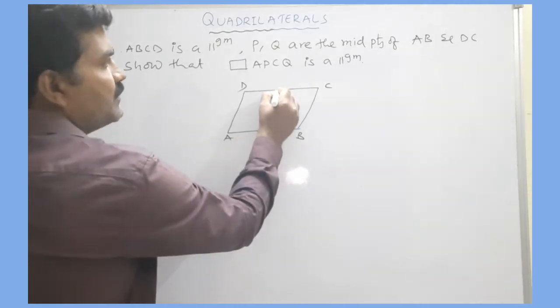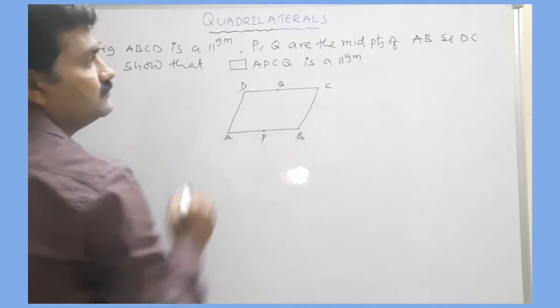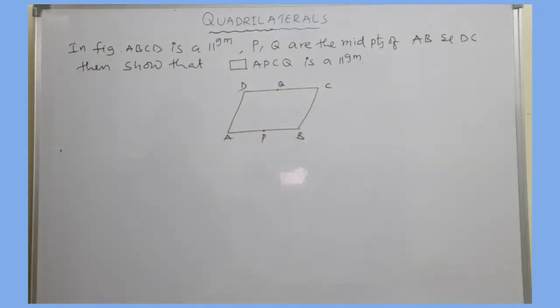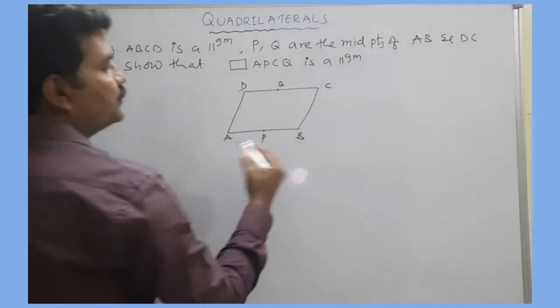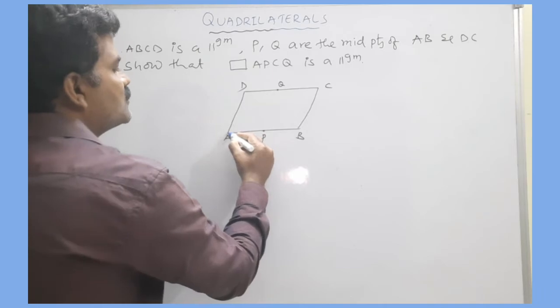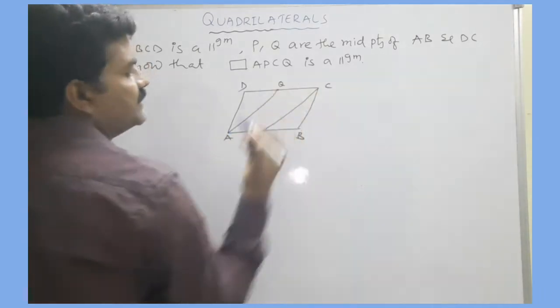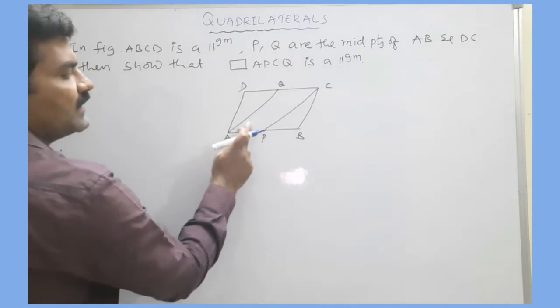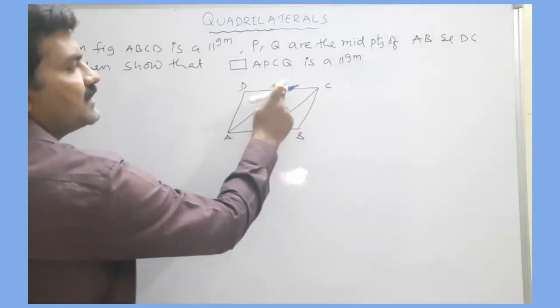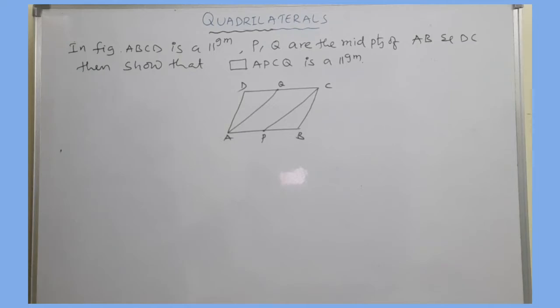And Q is the midpoint of DC. Then show that quadrilateral APCQ, so join AQ, then join PC. Now this quadrilateral APCQ is a parallelogram. We have to prove that.